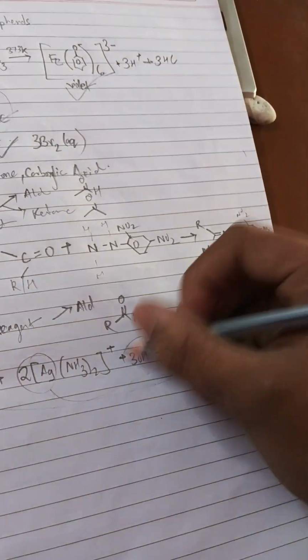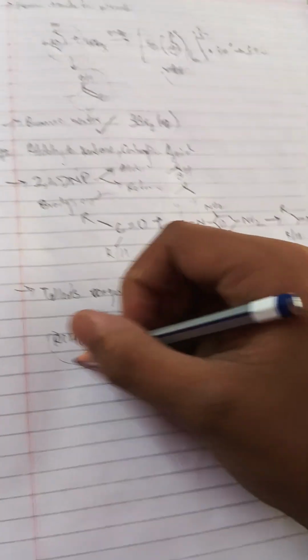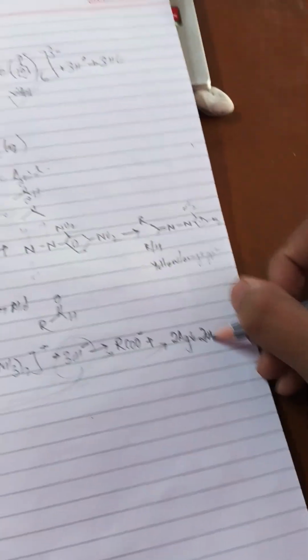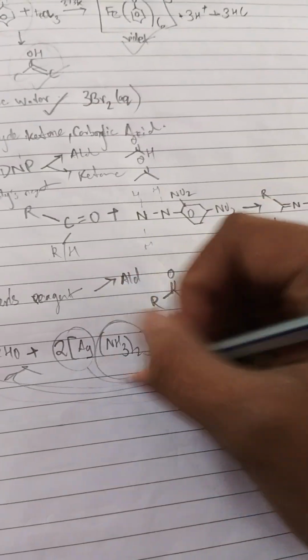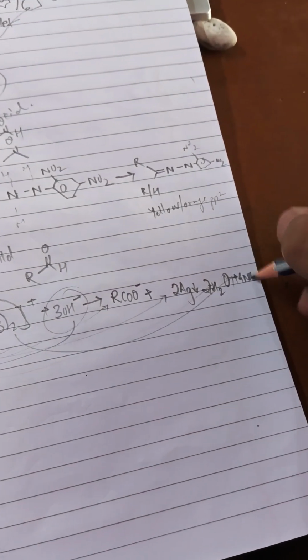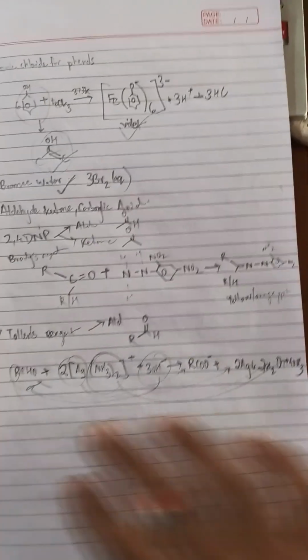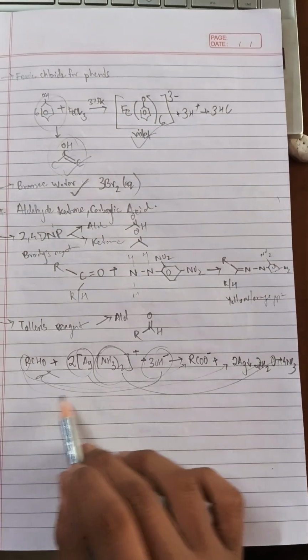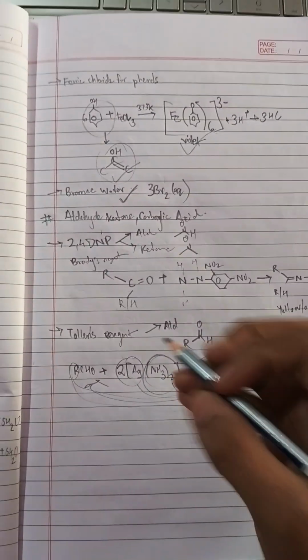This OH reacts here, and then it gives back 2H2O, and at the end this comes here plus 4NH3. That's how this reaction works.